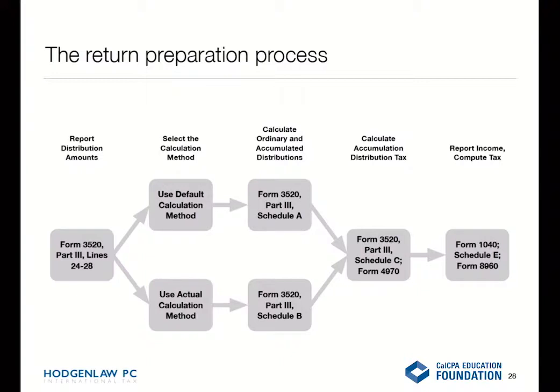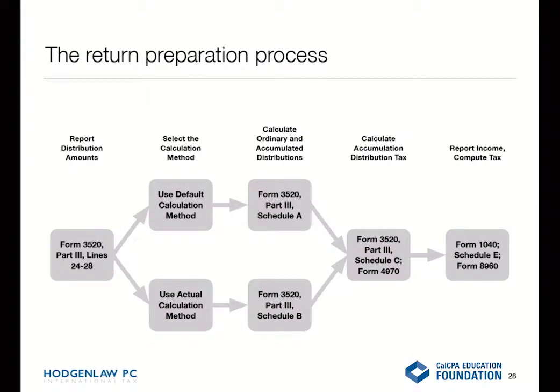Next, you select the calculation method. You're either going to be using the default method or the actual calculation method. And this is not just a matter of you can choose whichever one you want to do. There are certain criteria that go into it that determine which one you're able to use. In general, the actual calculation method is going to be a better tax result than the default method.